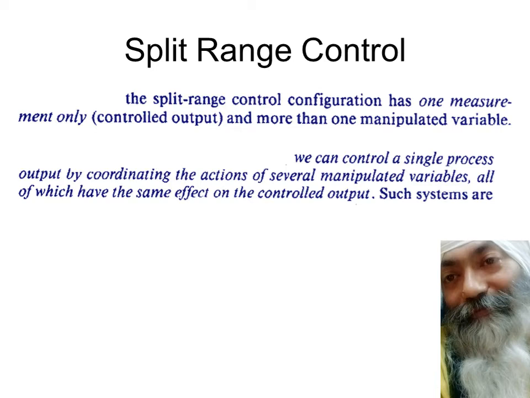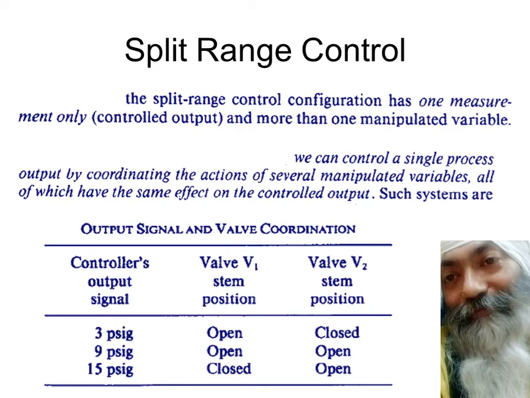My dear friends, if you still cannot comprehend what words I have used, just have a look at the following figure. What you see is that you have two valves, valve 1 and valve 2. The range is 3 to 15 psi. At 3 psi, as you can see from here, valve 1 is fully open and valve 2 is fully closed.